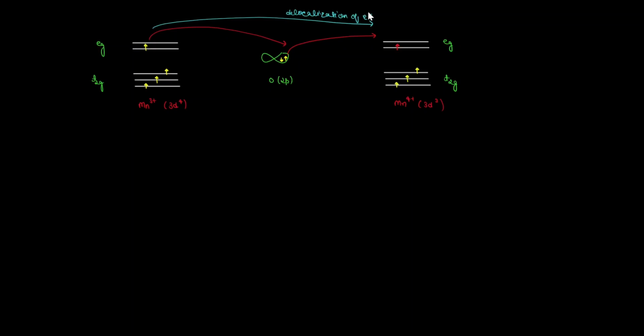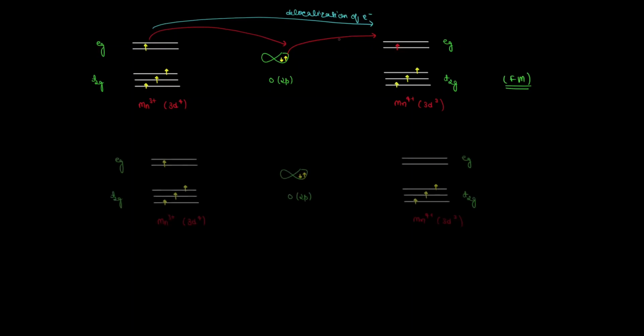Now you can see here that in the ground state, the moments in Mn3+ and Mn4+ are ferromagnetically aligned. Now let us see what happens when in the ground state they are antiferromagnetically aligned. Here the magnetic moments of Mn3+ and Mn4+ are antiferromagnetically aligned, and now let us see how the electron can delocalize over this ionic solid.